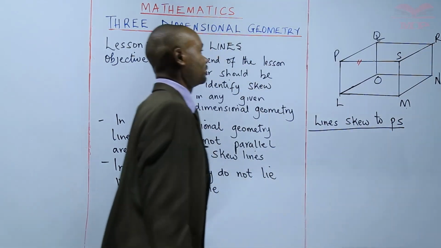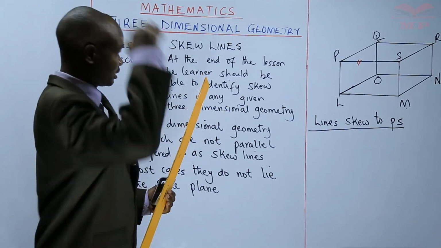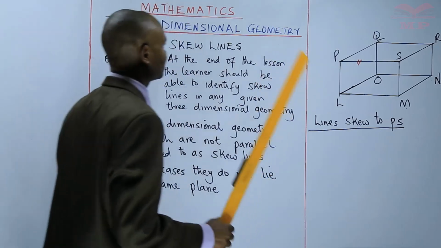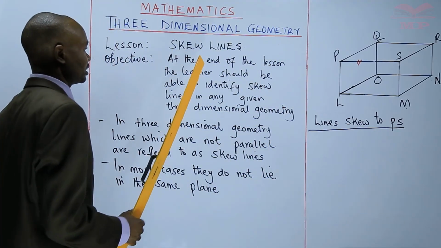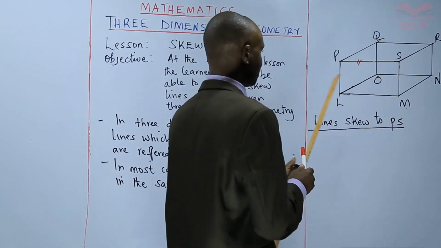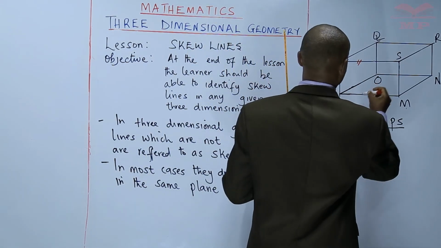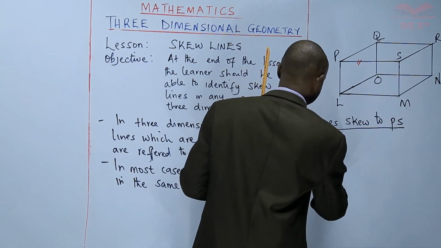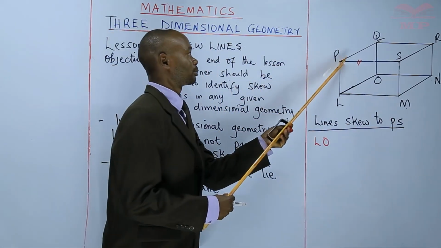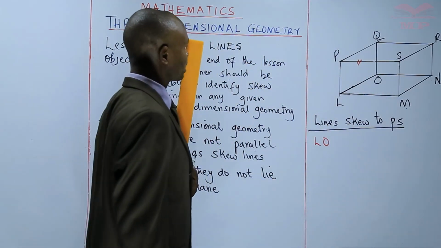There are several lines which will be skew to PS, and they will not be parallel. In most cases, they do not lie in the same plane. So we can look at those lines. We can have LO. LO is a line skew to PS.